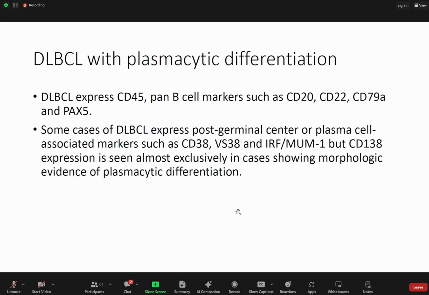Usually, if this is plasma cell pathology, the PAX5 will be negative, because the development of the plasma cell requires negative suppression of the PAX5 expression.